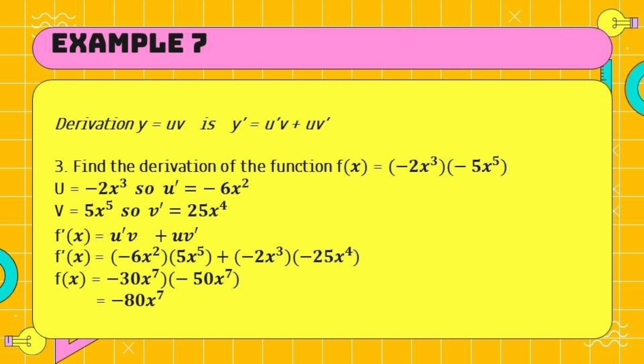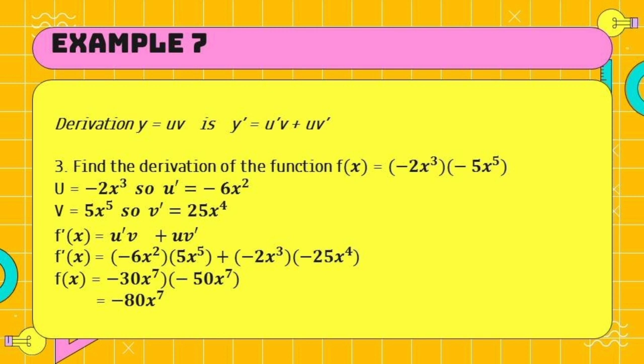The answer is u equals -2x^3. So u' equals -6x^2 and v equals 5x^5. So v' equals 25x^4.